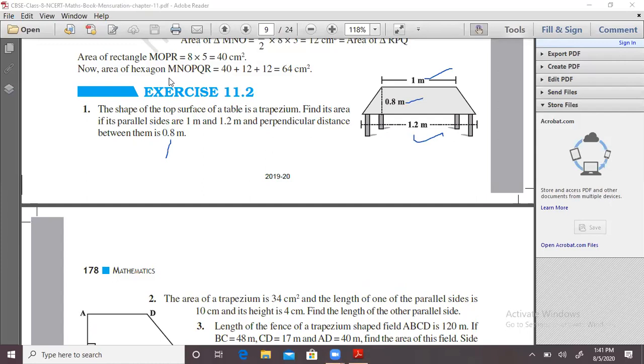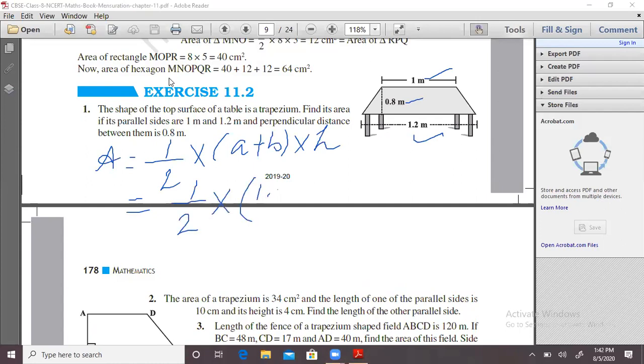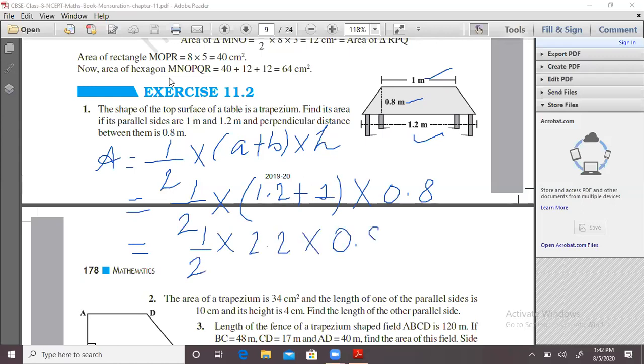So how to find out area? By using formula. The formula to find out area is half into sum of parallel sides into height. So half into A is given here 1.2, B is given here 1, you can take, into height is given 0.8. Okay, solve it. First you will solve the bracket here. 1 by 2 into 2.2 into 0.8. Solve it.